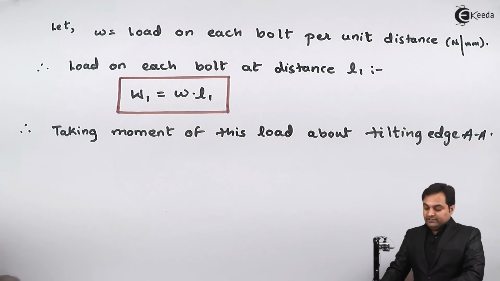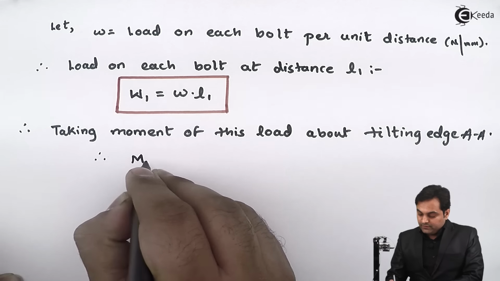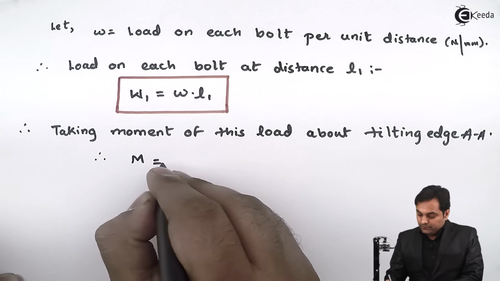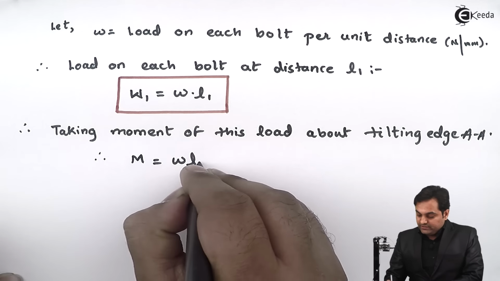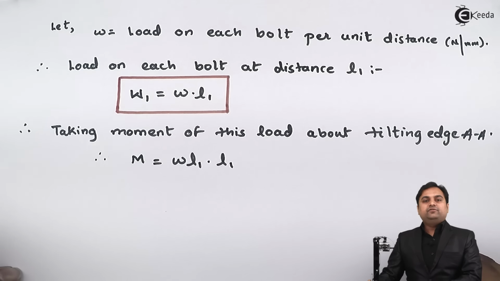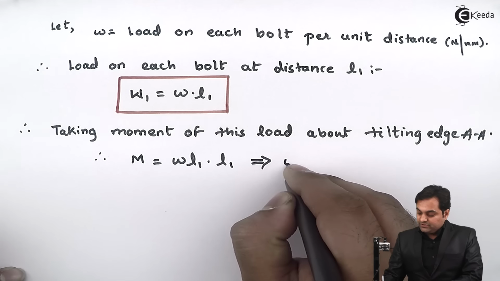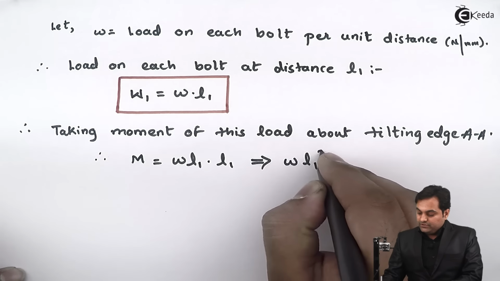So when we are taking the moments, it will be therefore M will be equal to W into L1, this is the load, multiplied by distance L1, so again I have to multiply it. So finally the moment becomes W into L1 square.